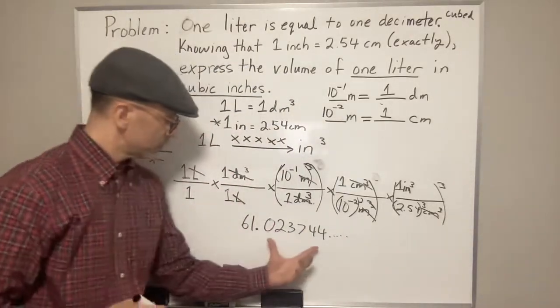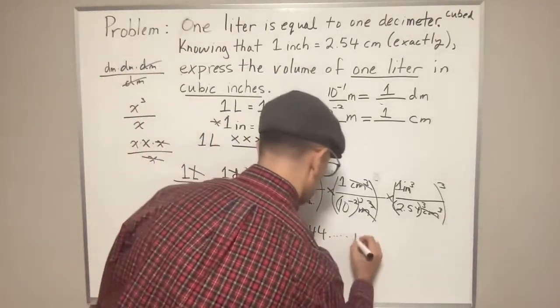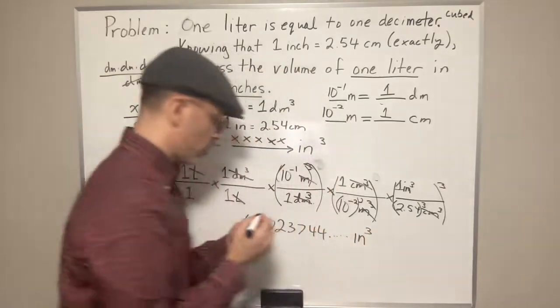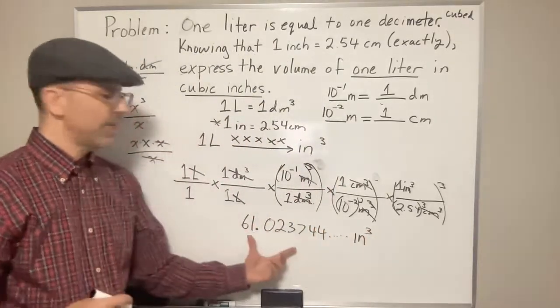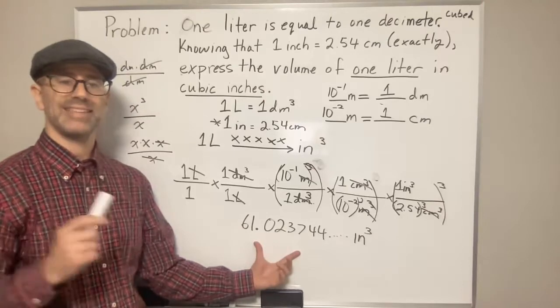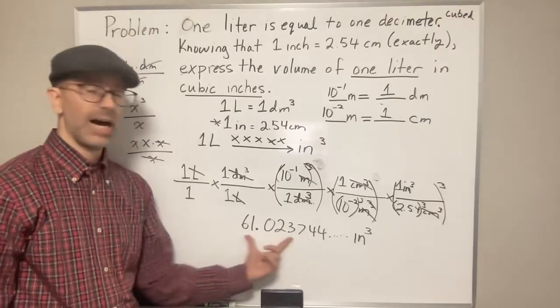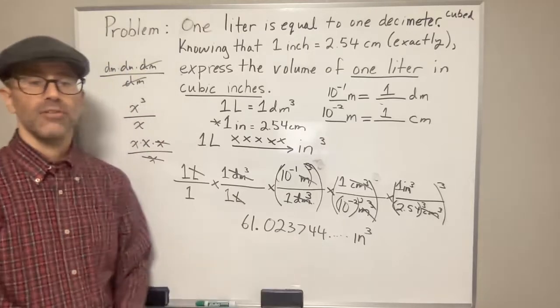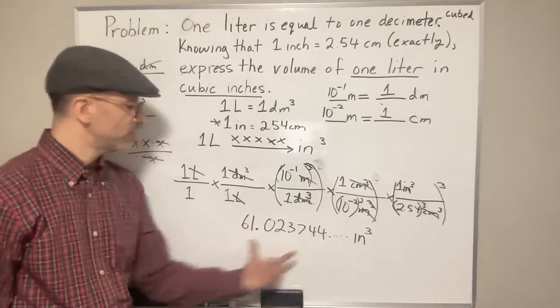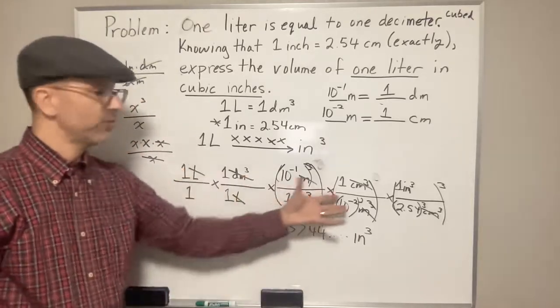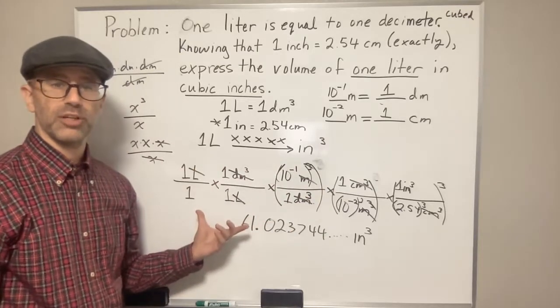Now, this should be inches cubed for your units. Don't ever forget units. Now here, the last thing you want to make sure you do is figure out the significant figures. So the number of sig figs in this should match the number of sig figs you're using in your multiplication and division.